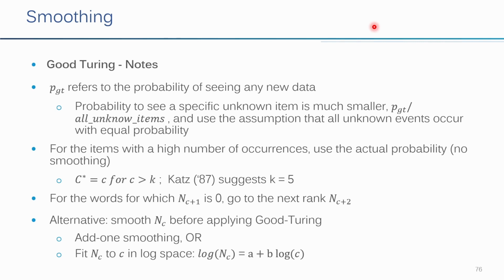Okay. Some notes on this. First of all, do we need to do the reconstituted counts for all the elements? Not really. This work is quite old, but it still works quite well if you just want to apply this technique in a way that you rework your counts only up to a certain count. If the count is above 5, you don't do it, but if it's below that, you probably want to recalculate this.